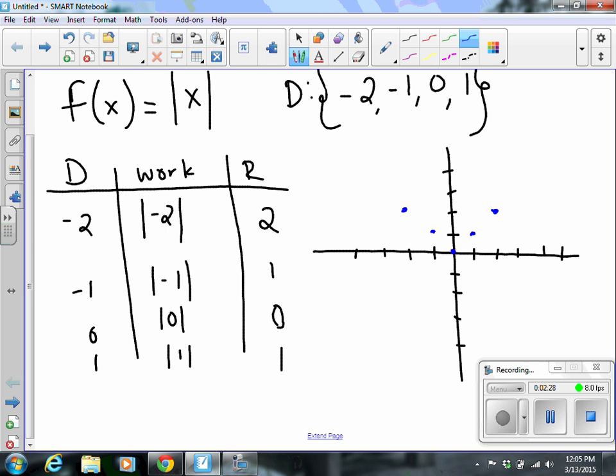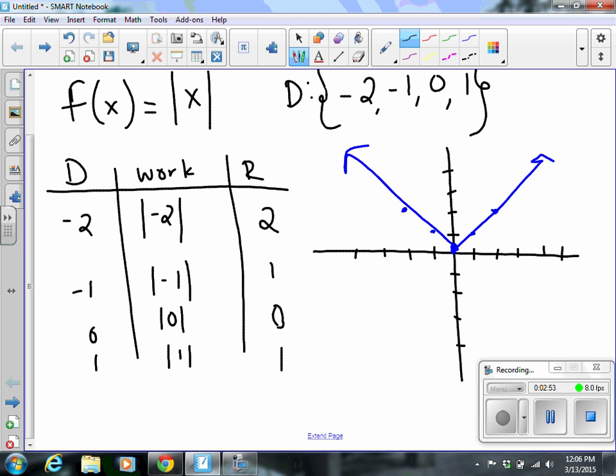Now, you can just leave it like that, or you can actually connect the dots. I would connect the dots. Sometimes you will have a curve, but with an absolute value, it is in the shape of a V. So that right there is the graph of my function, f of x is equal to the absolute value of x.